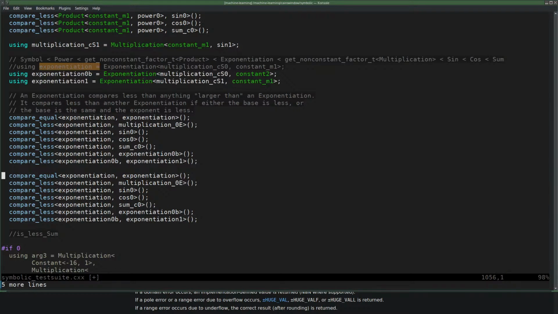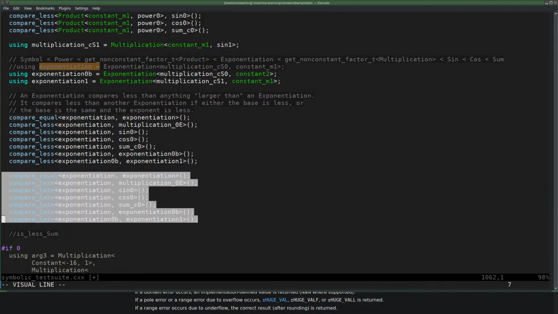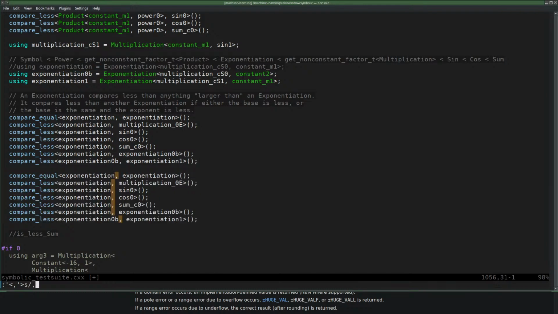And then wrap these things in a multiplication, substitute, comma, space. Anything but less than.